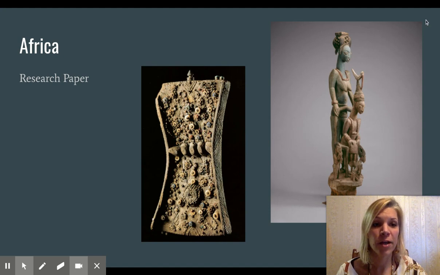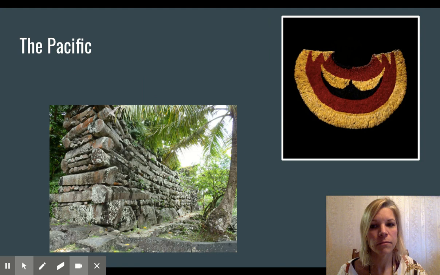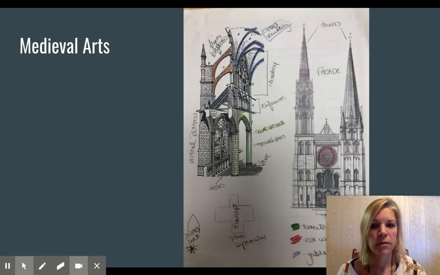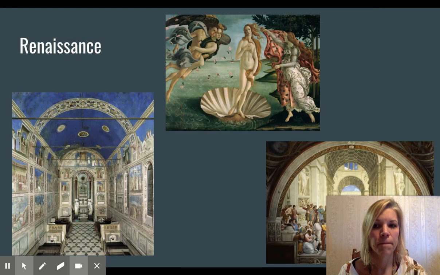In our Art of Africa unit, we'll have a research paper. We'll then go into the Pacific, so the islands, Micronesia, Macaronesia. We'll go into the medieval arts, so we'll look at the architecture of the Romanesque and Gothic churches.